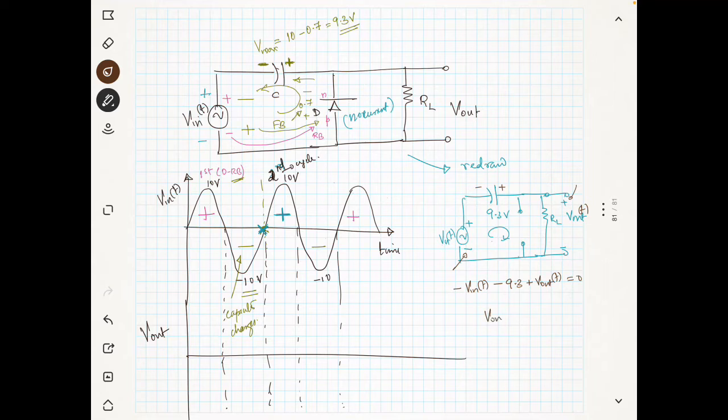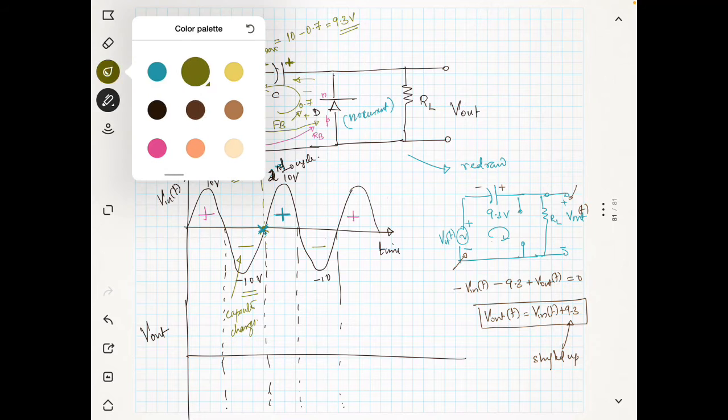So V out of t is equal to V in of t plus 9.3 volt. So you see here the V in of t has been shifted up by 9.3. I will draw it here.